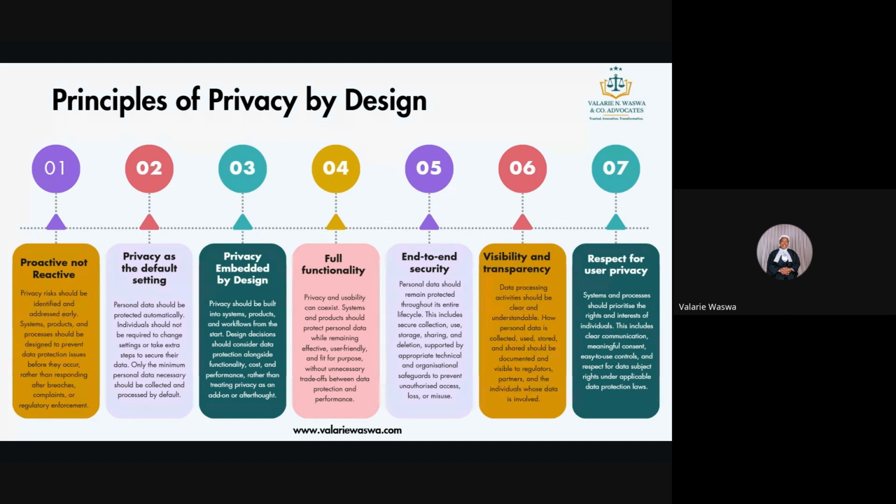So I think I've already said this: how it's collected, how it is used, how it is stored, how it is shared. It should be documented, because it's irrelevant if you have proper data privacy safeguards and systems, but there is nothing really to show for it.